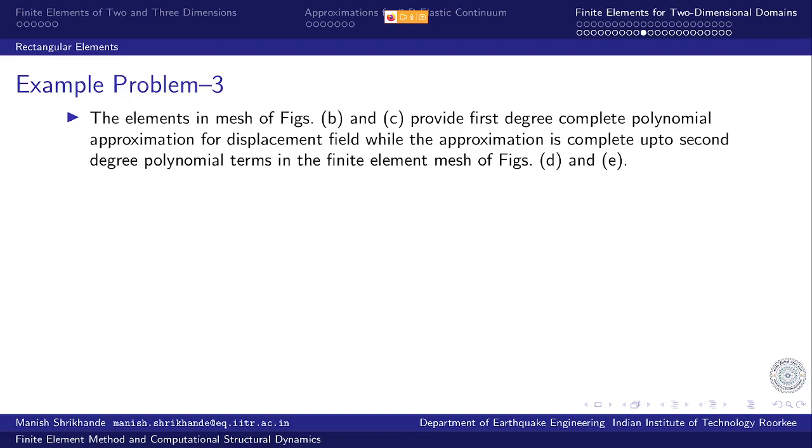The 4-node rectangle will have one cross term xy in the approximation, but that does not contribute towards convergence characteristics. So both the 4-node rectangle and the 3-node triangle provide a first degree complete polynomial in the approximation of the displacement field, while the approximation is complete up to second degree polynomial terms in the finite element meshes of quadratic elements that we discussed, the 8-node rectangle and 6-node triangles.